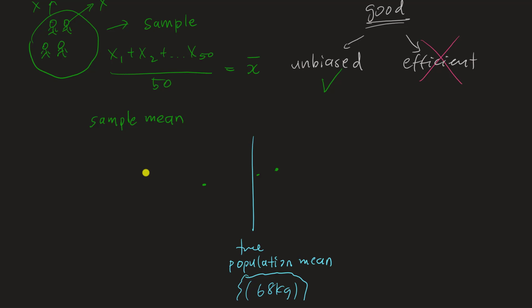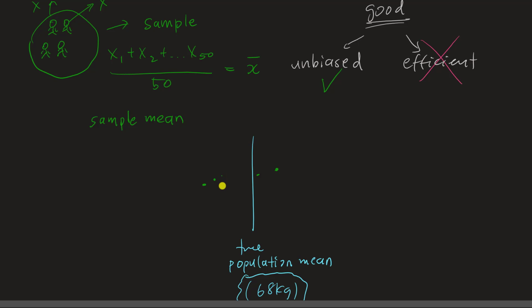If we were to do this many times, you keep selecting groups of 50 and calculating that group's average weight, you would get something like this. You will get many, many values. Each and every one of these dots represents a particular sample's average. If you were to do this millions and millions of times, you would get something like that.